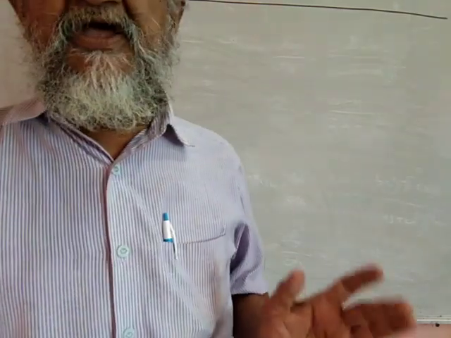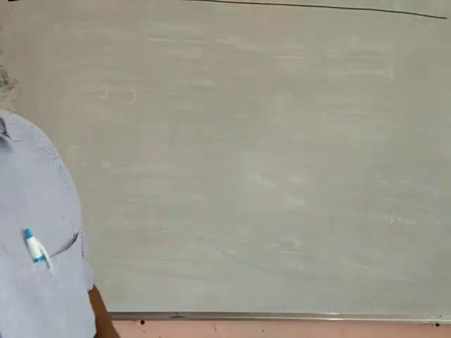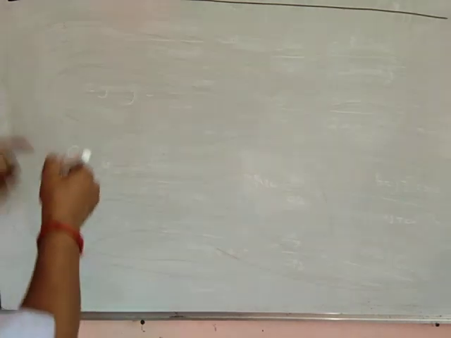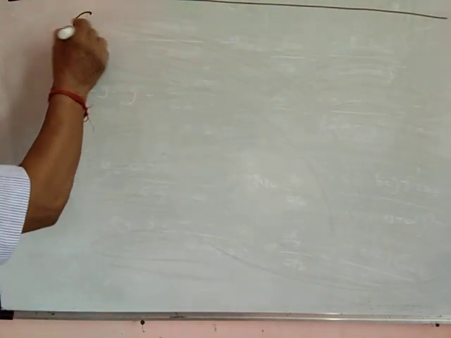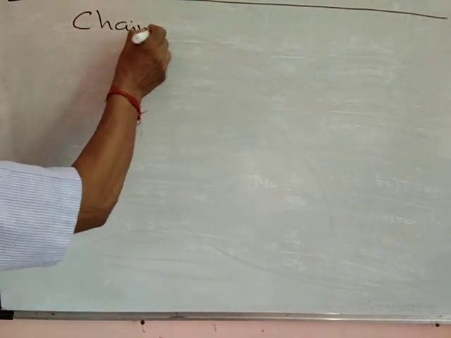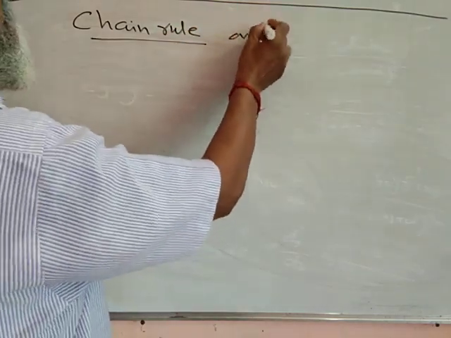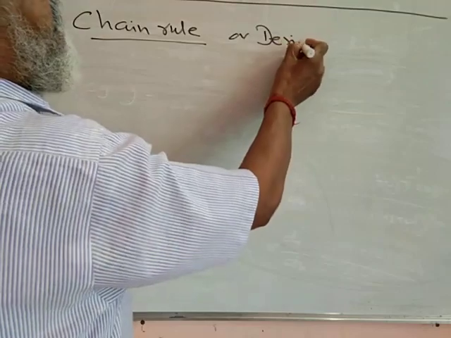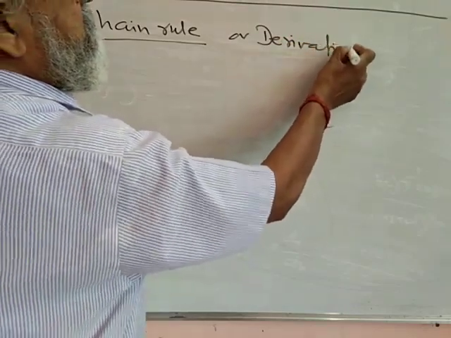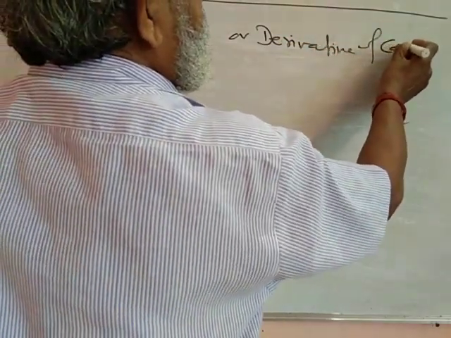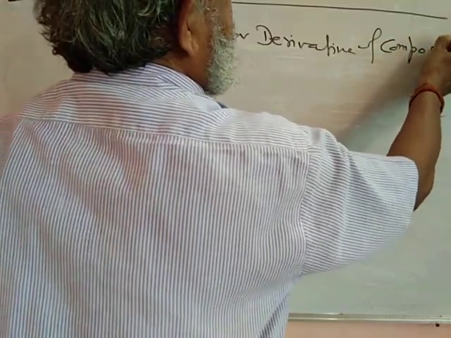Now that day we have seen the product rule, division rule. Now I would like to say chain rule, or derivative of composite functions.